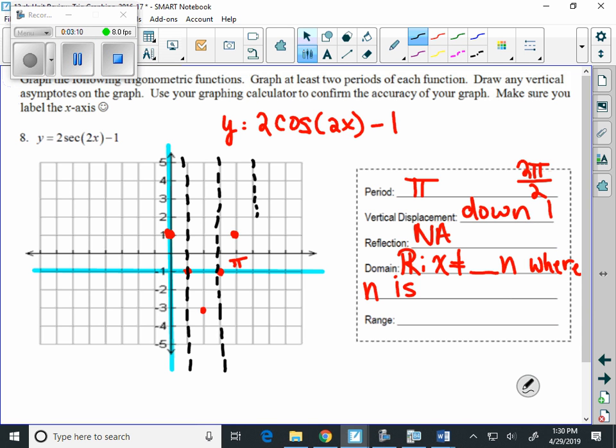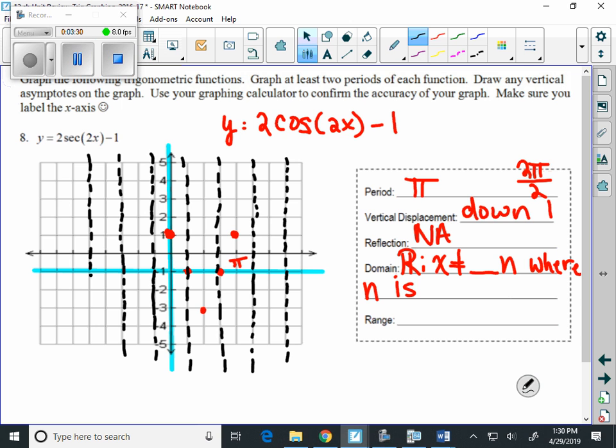Here's another place. And here's another. And we can go back the other direction. And these are just a bunch of asymptotes. I know it says that we only need to graph 2 periods. But once we find the pattern on here, we can graph as many as we want.